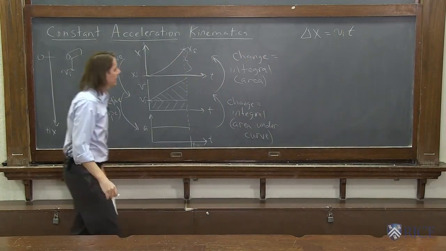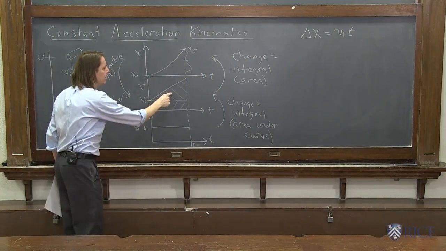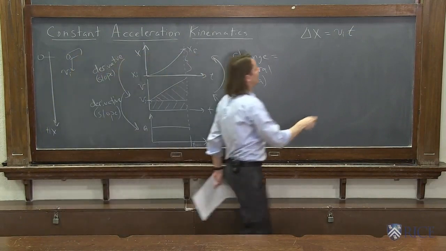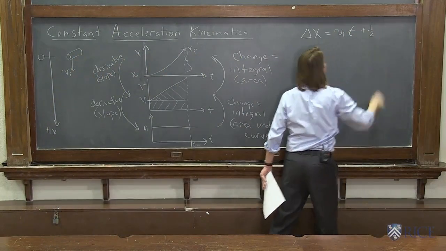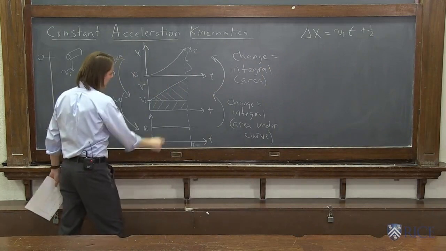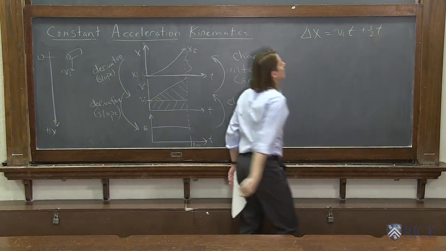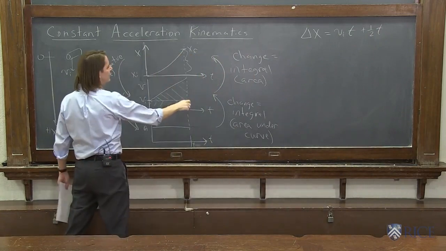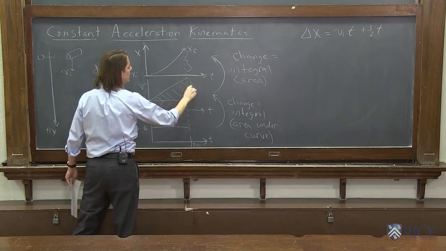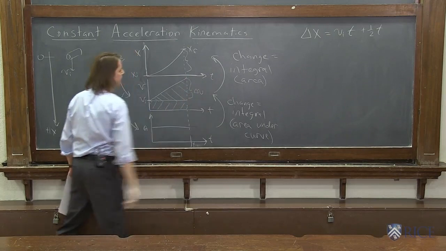Okay, that's not so bad. And now we need the triangle. What's the area of a triangle? It's 1/2 base times height. And what is the base? The base is t, so 1/2 t. And what is the height? The height is the change in v. The height is delta v.